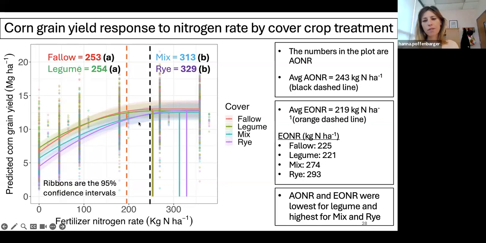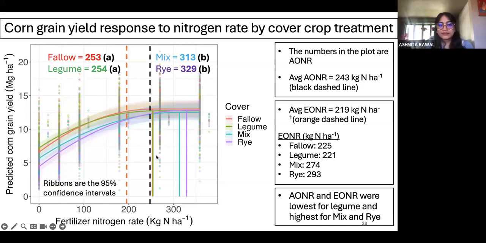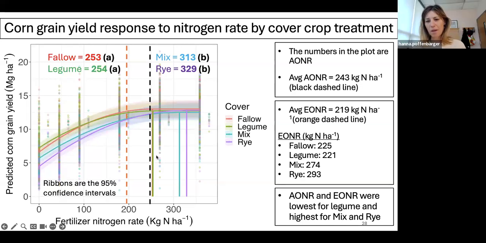I will say Ashmita did a really meticulous job of checking any outlying yield values. And part of that was that we did dig into the population, just to make sure that a low yield was not being explained by just a lack of plants in the plot.